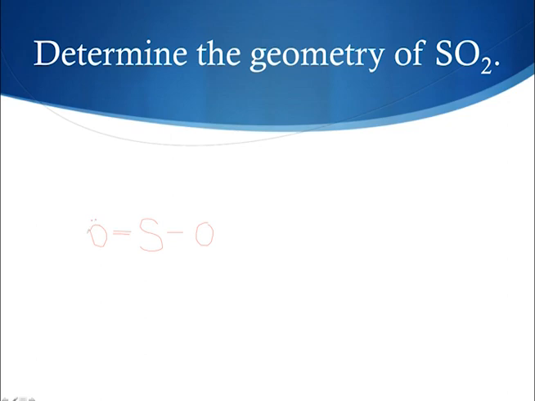So we'll just draw one of the 2 resonance structures for now. And sulfur will have 3 electron groups, which would make the electron geometry trigonal planar, but one of these 3 electron groups is a lone pair. So then when you're talking about molecular geometry, the correct answer is bent.